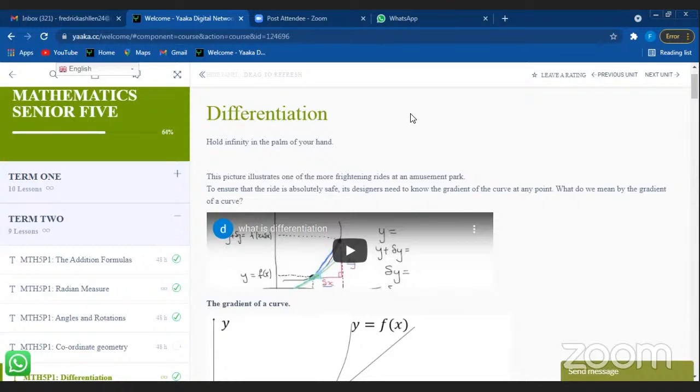do all of us know how to find the gradient of a line? If you are given any line segment, those who are able to put up your hands, who can find the gradient of a line.